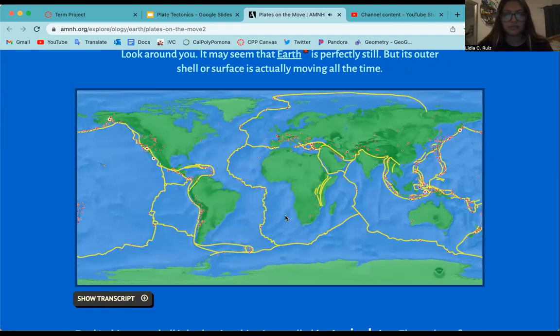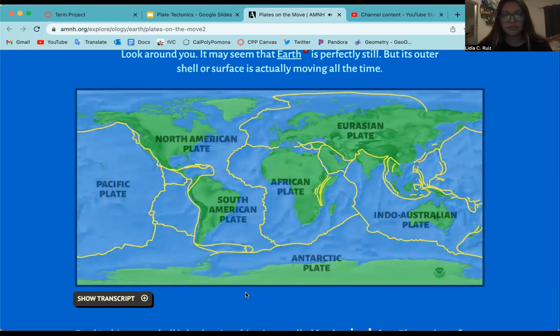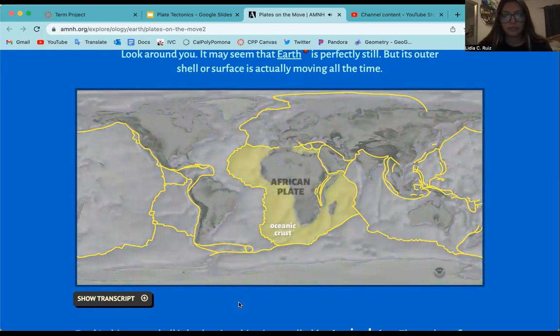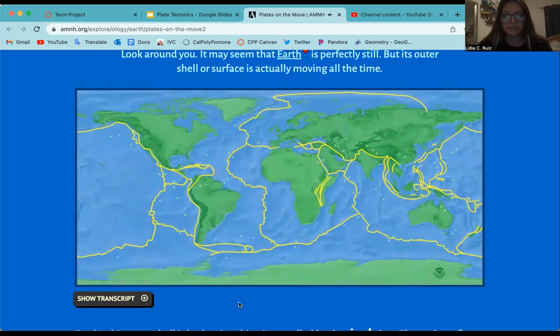Most volcanoes, mountains, and earthquakes occur where plates meet. Places where plates meet are called plate boundaries. There are 7 major plates, along with countless minor plates. You can see that a plate can be made of both oceanic crust and continental crust. Interactions between plates change our planet.